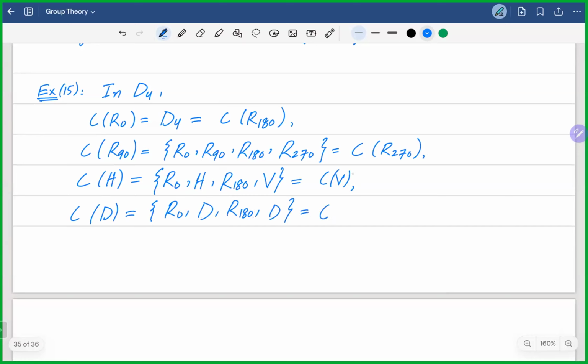This is also equal to the centralizer of D prime.